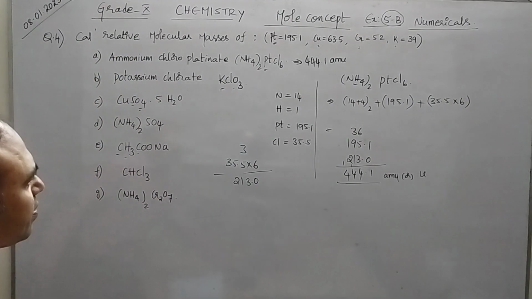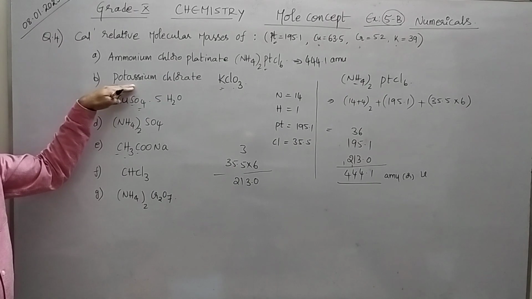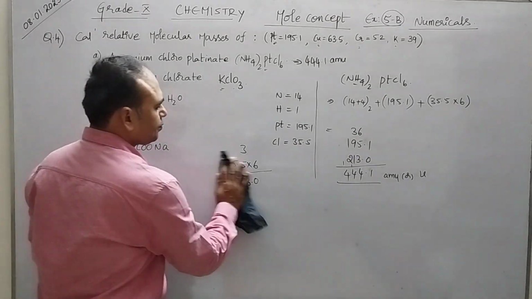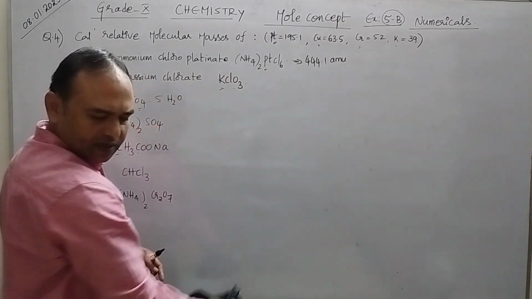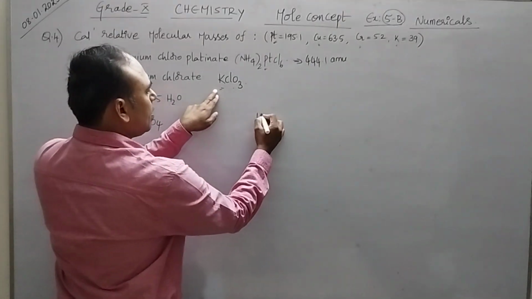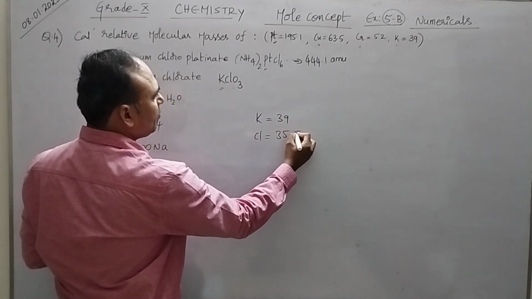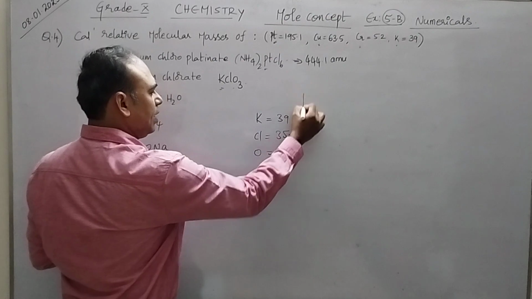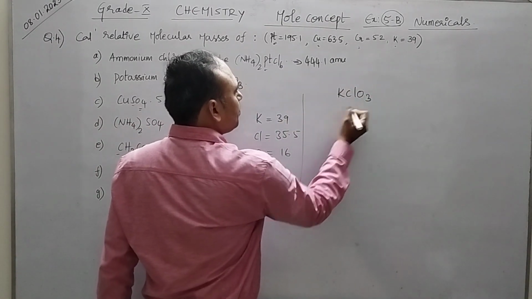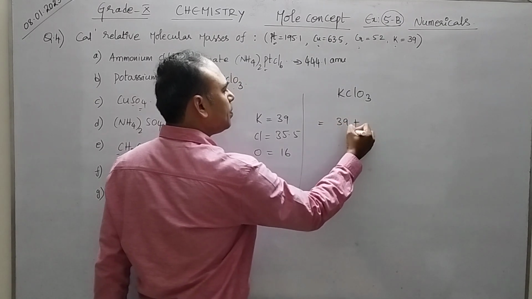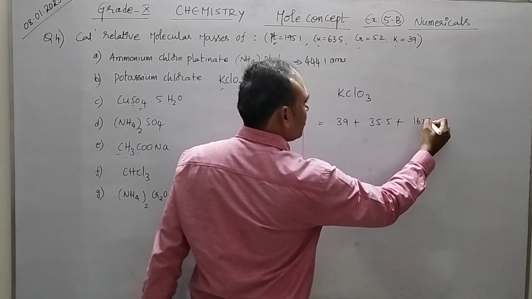Hope you have understood this. Similarly, following the same method, calculate the molecular mass of potassium chlorate. First and foremost, write the atomic masses here. Potassium 39, chlorine 35.5 and oxygen is 16. Next, what is the molecule here? KClO3. So potassium 39 plus chlorine 35.5 plus oxygen 16 into 3.